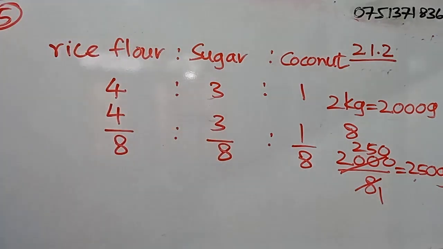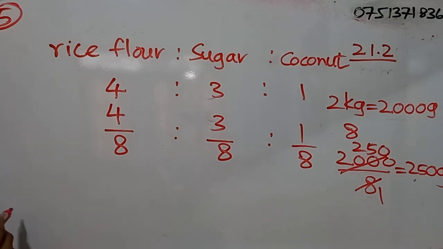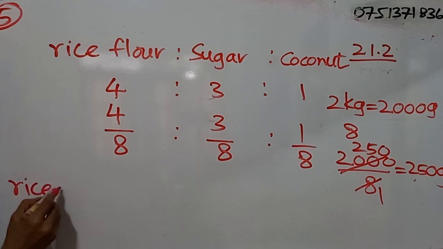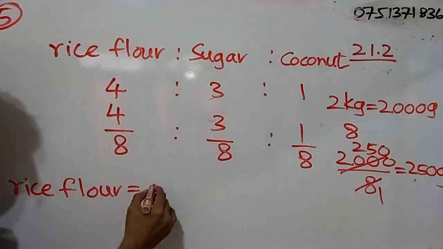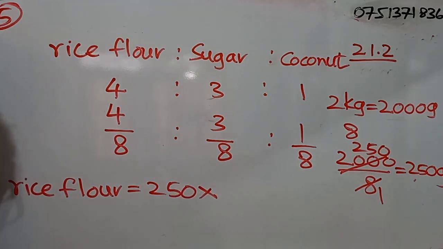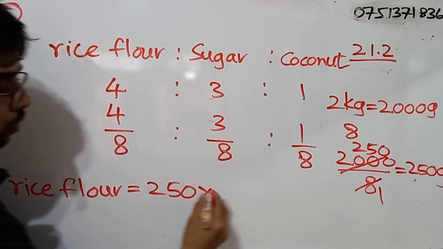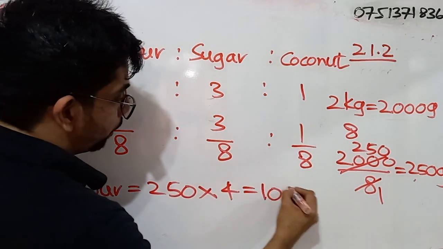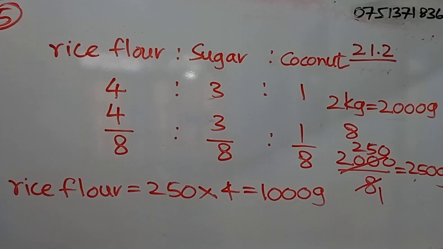So value of 1 part, that is what? 250 grams. So what is the mass of rice flour? How do we calculate it? What is the value of 1 part? 250. We have to multiply that by what? How many parts are there? 4. So we get what? 1000 grams. Right.